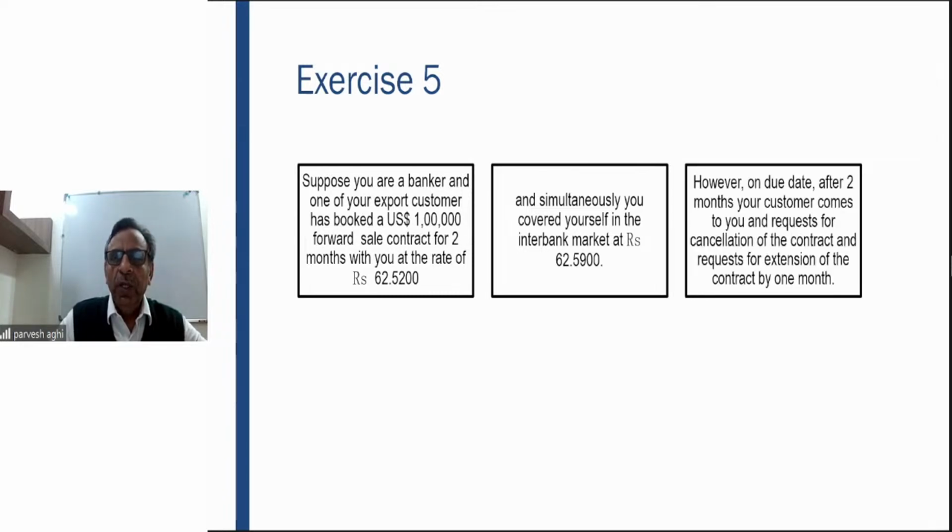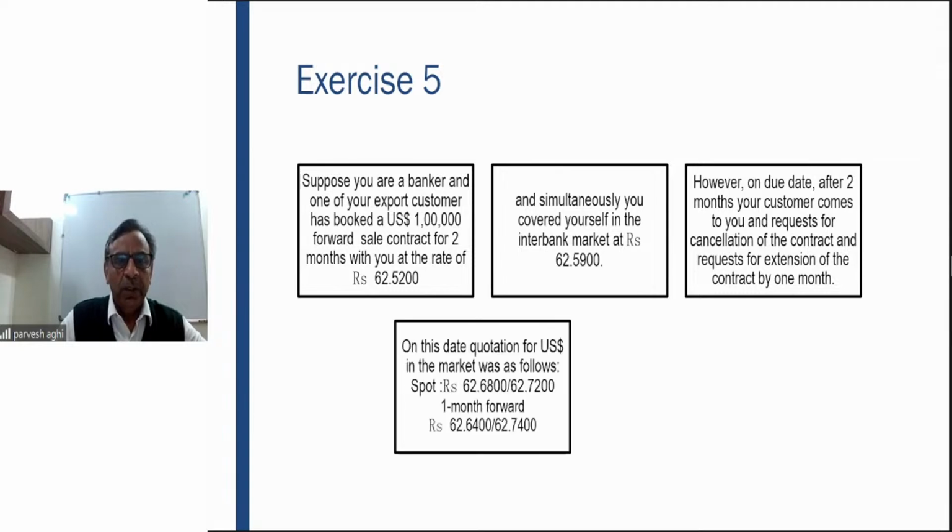However, on the due date, after 2 months, your customer comes to you and requests cancellation of the contract and extension of the contract by 1 month. So you don't want this contract now; you want to cancel it and extend it by 1 month. All this is happening on the due date.